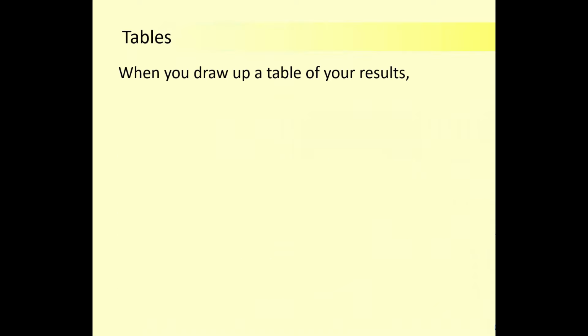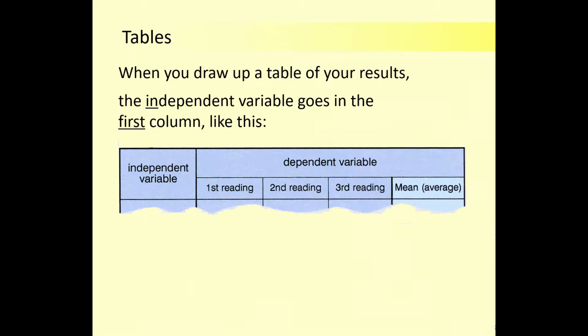After that, we draw a table, a chart. First column, always independent variable. Independent variable is the first one. And next 3 columns are dependent variable. Like we studied in scientific method, we repeat our experiment 3 times.